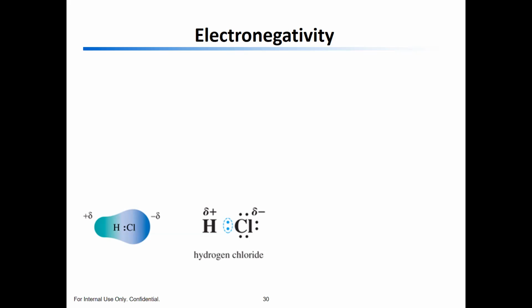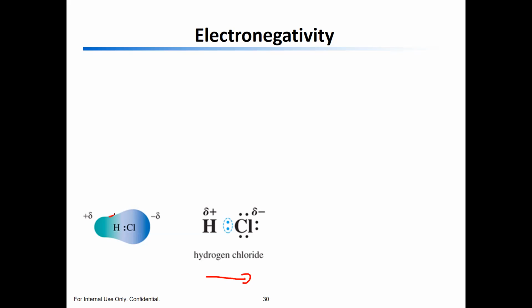But it's kind of strong enough to pull it more towards its side. So think about this one as the big brother, big one. This is the small one. One's going to be stronger than the other. So they can still share, but the sharing is not going to be equal. The sharing is going to be more towards that end, the chlorine. The electron is going to be more on the chlorine side.